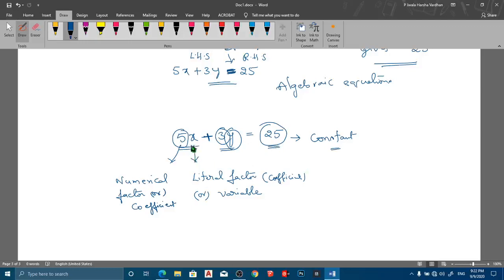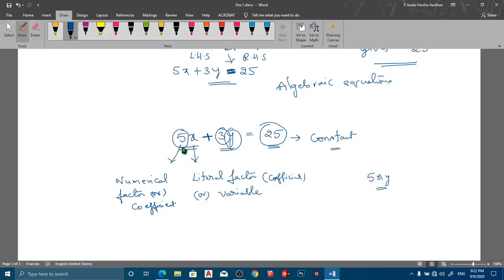Okay, so these two are called as the terms. In each and every term you have two factors. Okay, maybe two factors or three factors or four factors also, like 5xy, some terms like that will be there in the equations. Okay, so here two factors only are there.